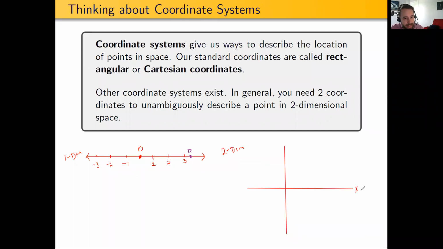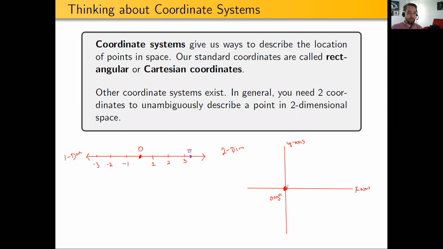And so this is the x-axis, and this up here is the y-axis. And in doing so, what we're really doing is we're singling out a special point, just like we did before, and that special point will be the origin.